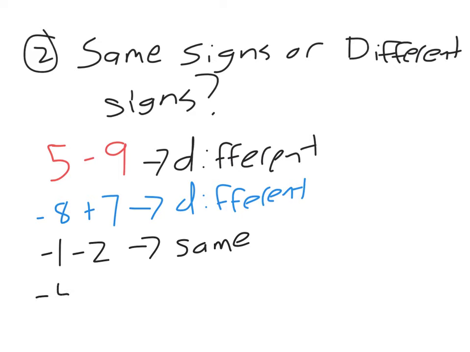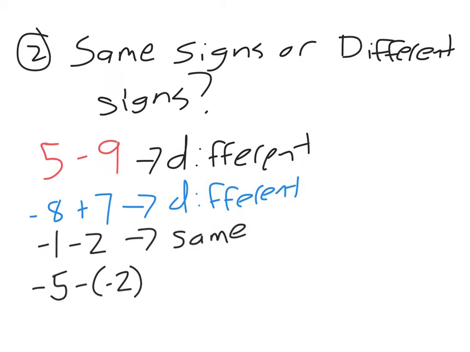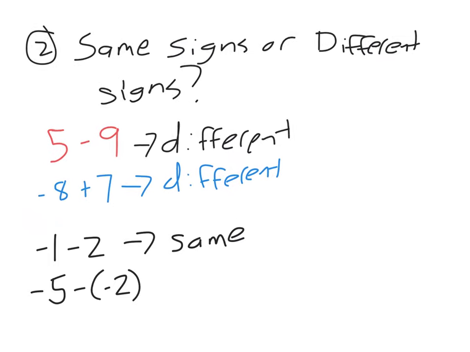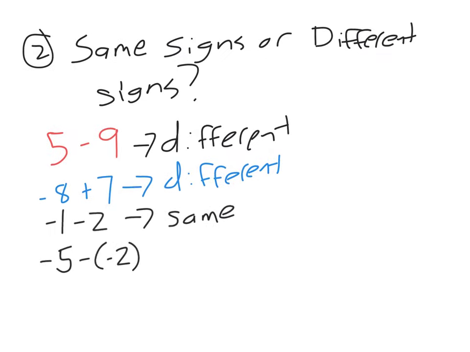What if I had this? Negative 5 minus negative 2. Does that stump you? What do we have to do before we do this step? Negative and a negative. It's plus 2. The first thing we have to do, before we can ask whether the signs are the same or different, is make sure each number has one sign.